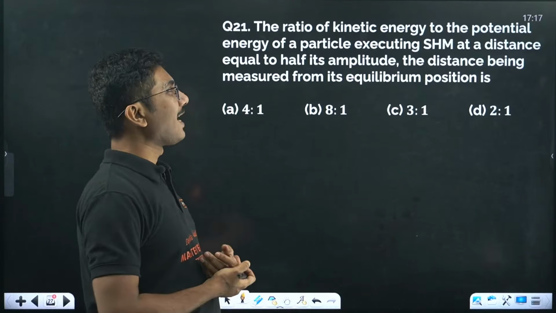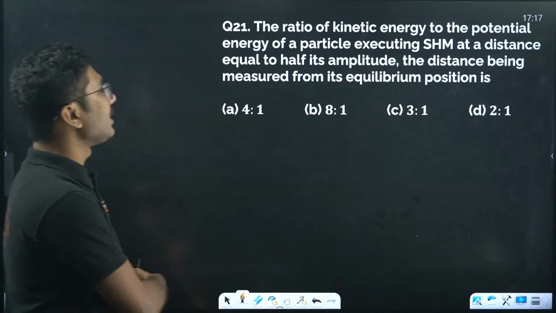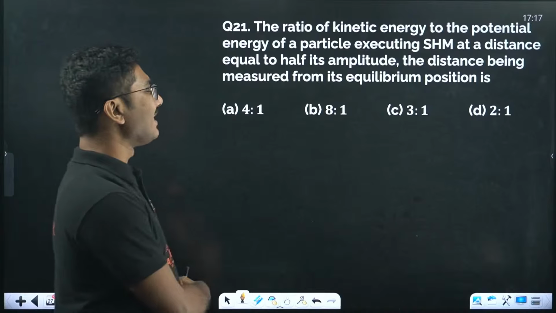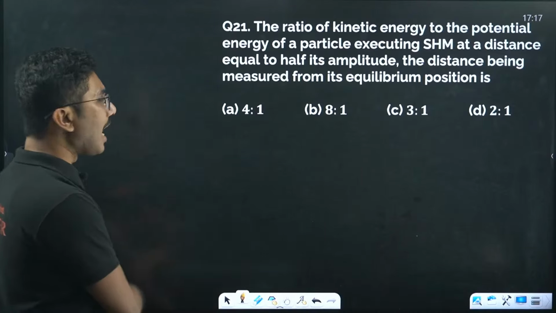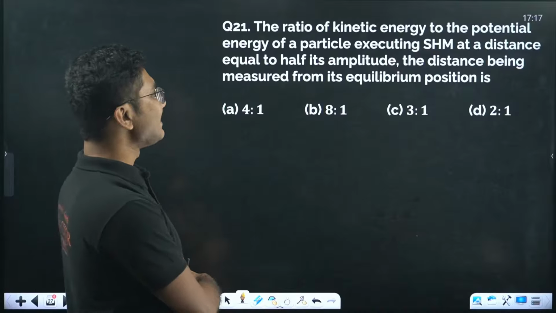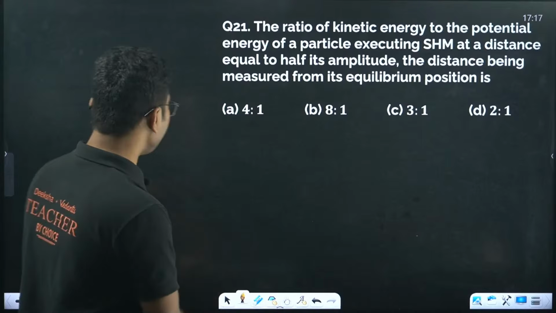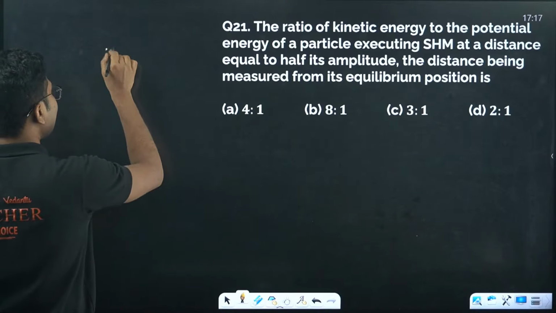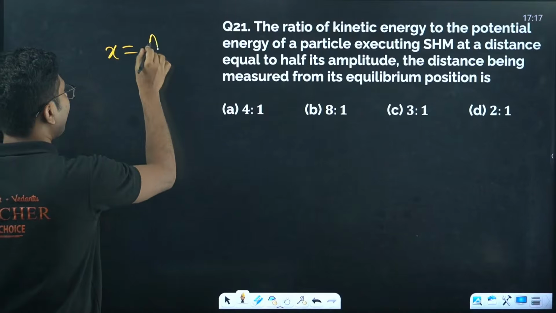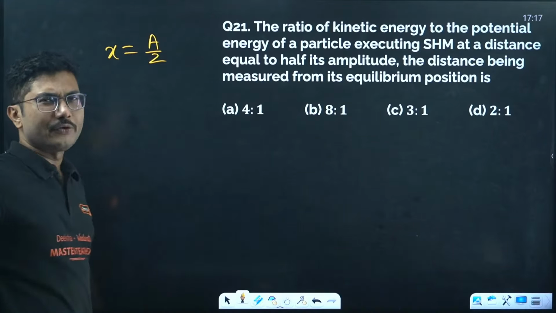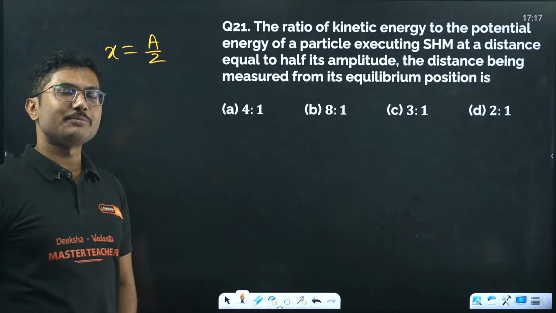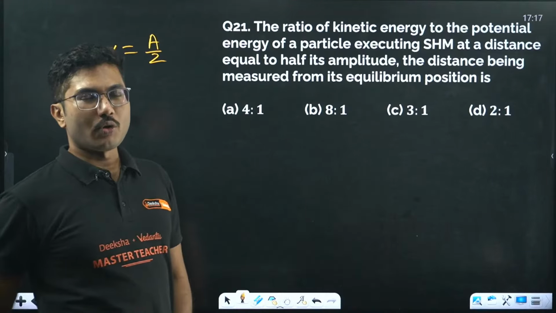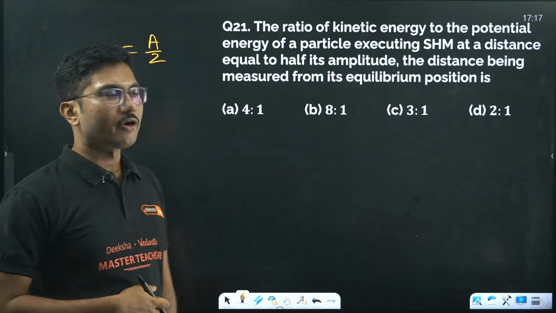The ratio of kinetic energy to the potential energy of a particle executing SHM at a distance equal to half its amplitude, the distance being measured from the equilibrium position. So the distance is half of the amplitude. Many of you were familiar with these equations in class 11, but because you have not used them for one whole year, you have forgotten most of them.